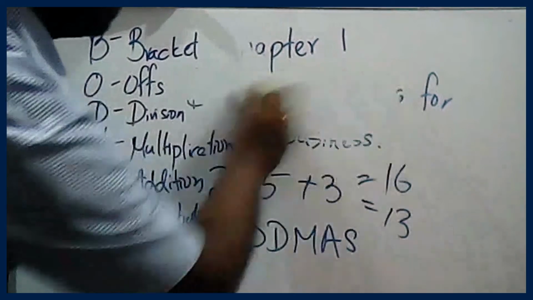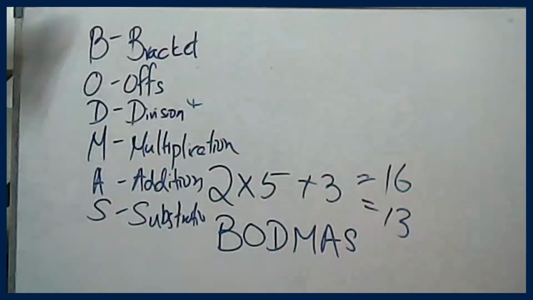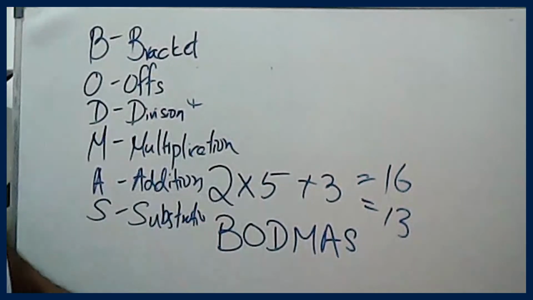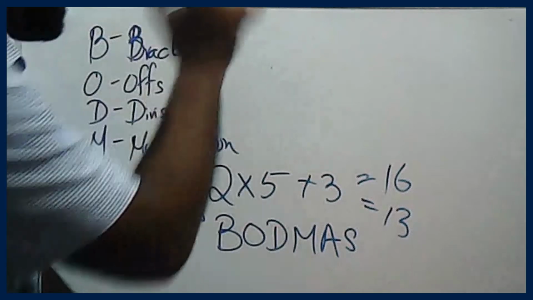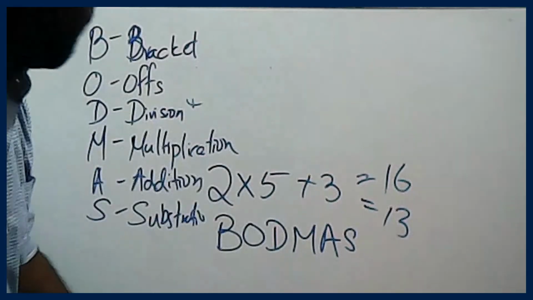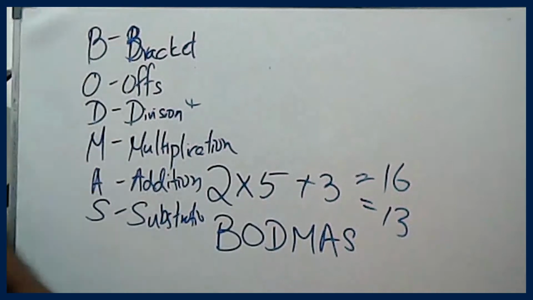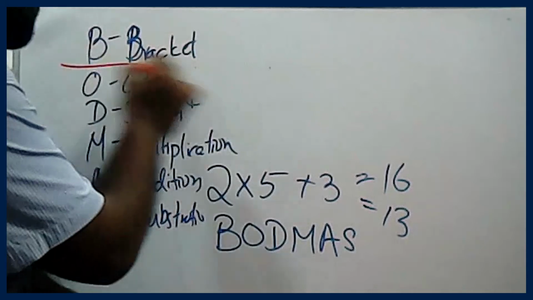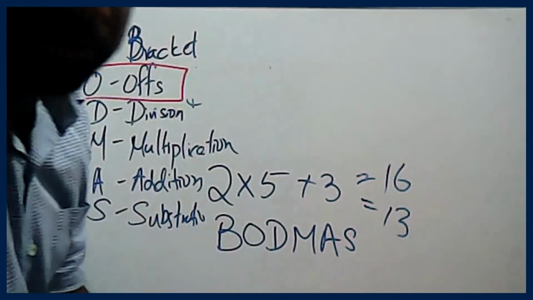So this is the way you need to get the answer for this kind of equation. That means you have to do the calculation of brackets first. If there are some brackets, you have to do them first. After that, off, which we usually don't use much.